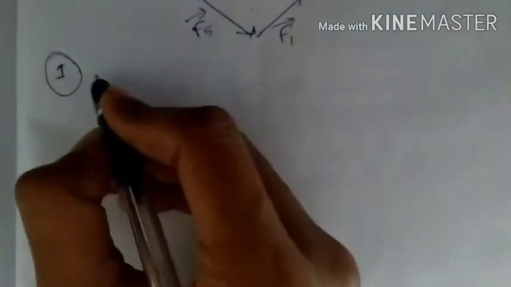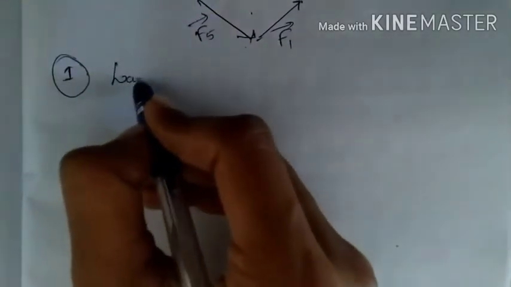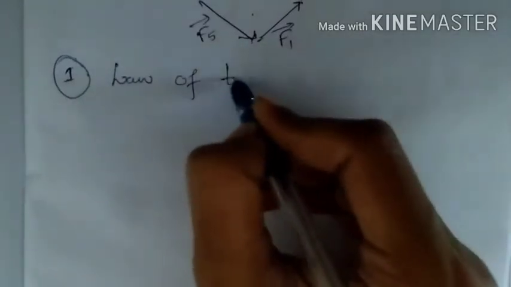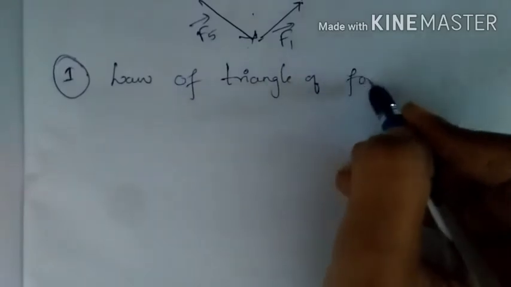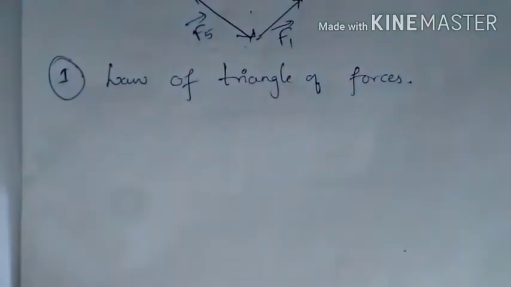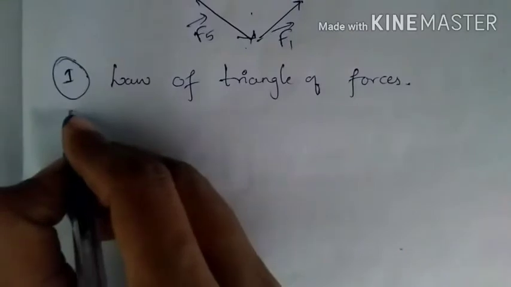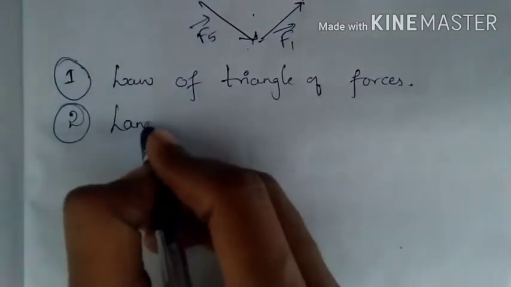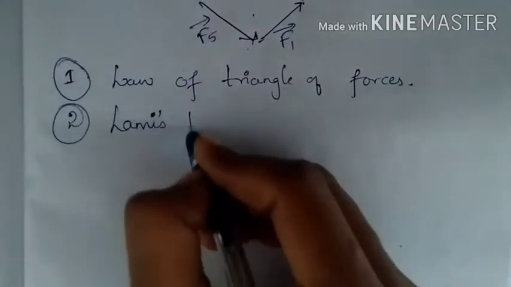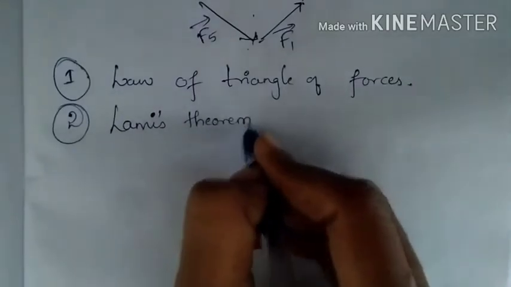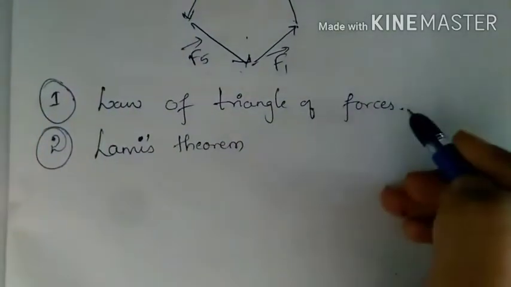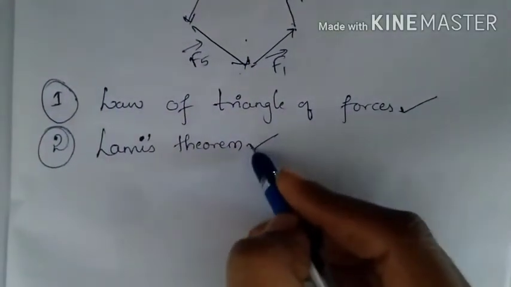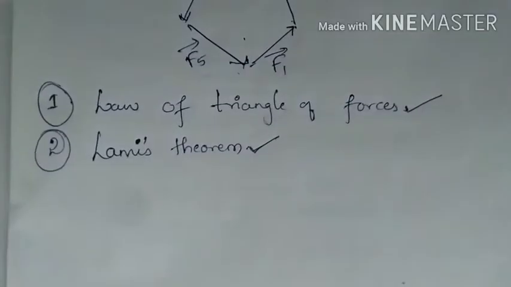For that, in equilibrium condition, we can use the law of triangle of forces, or you can also use Lami's theorem. Clear? So now let us try to understand what this is and what this is. What is the law of triangle of forces and what is Lami's theorem?